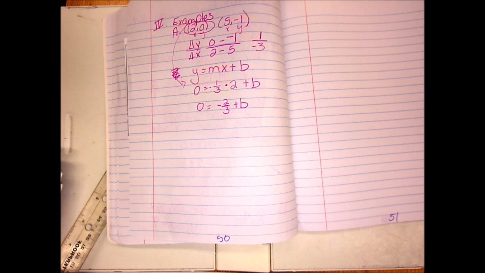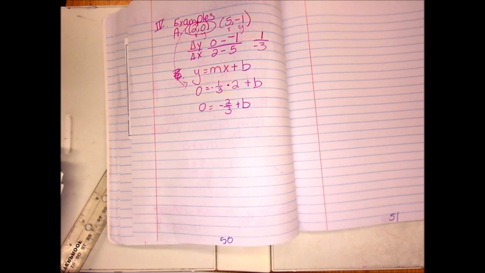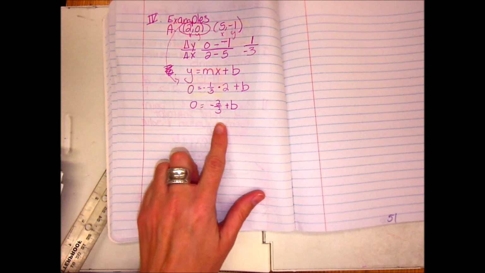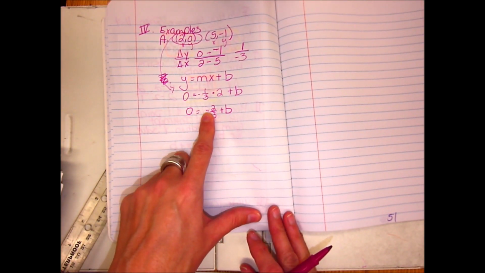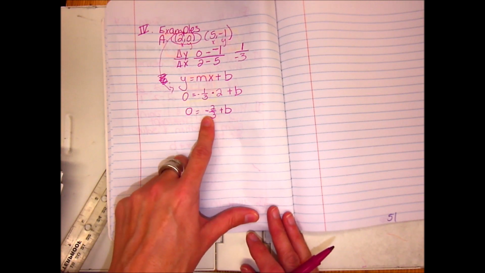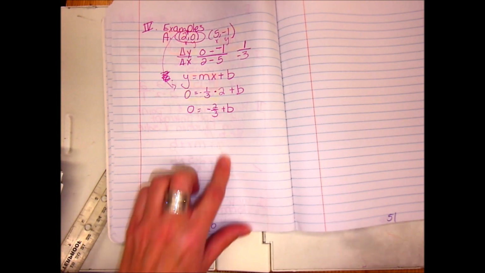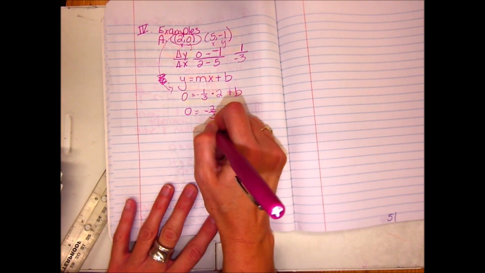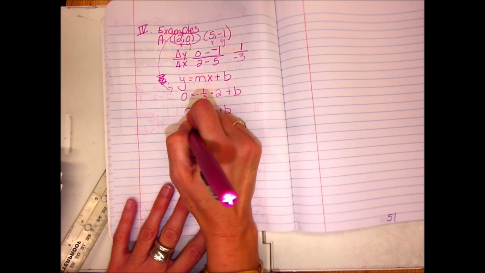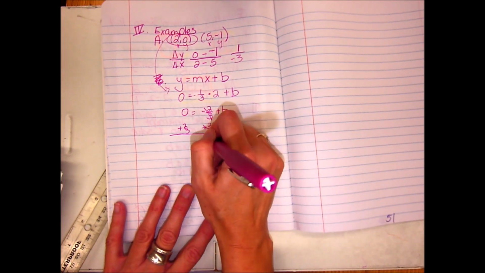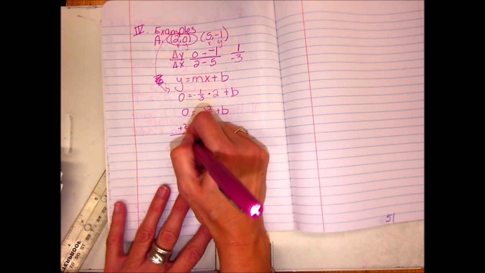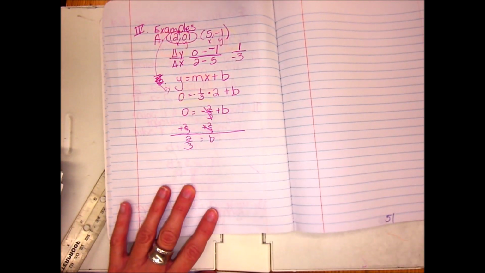And then what am I going to have to do to get the b by itself? Well, I don't know if I want to minus 2/3 because this is already a negative 2/3. How do I get rid of a negative 2/3 with addition or subtraction? Add 2/3. So minus 2/3 plus 2/3 cancel out, and I have 0 plus 2/3, which is 2/3.